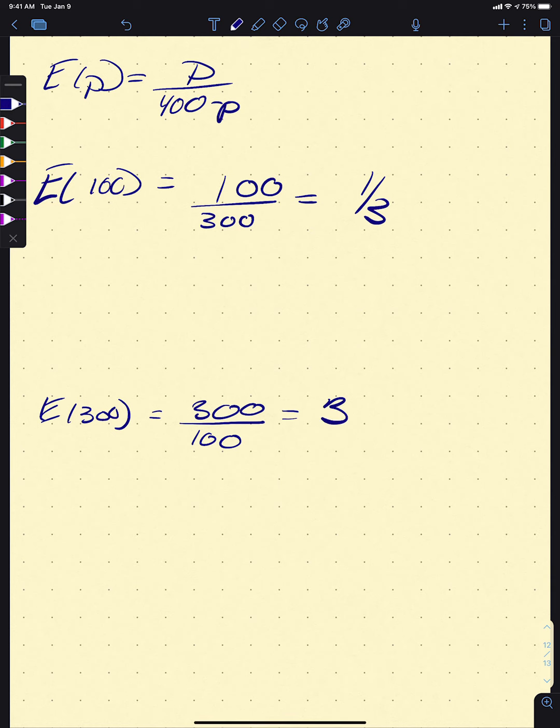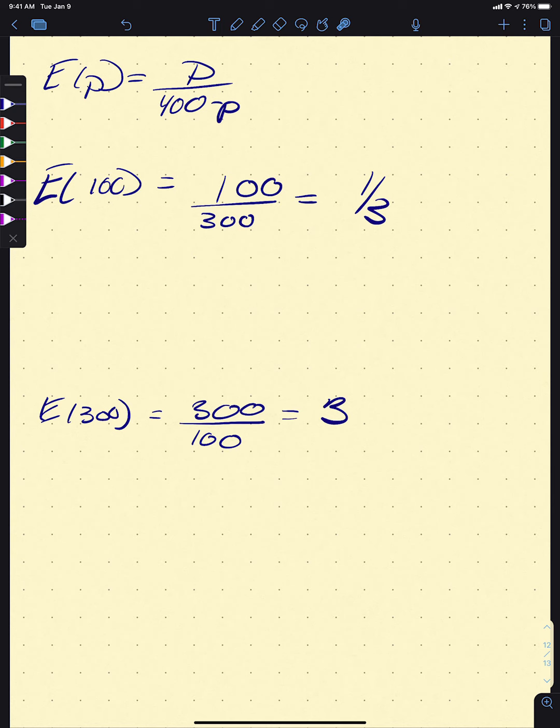And our question is, what does this mean? Can this tell us anything about our situation? It turns out that it can actually tell us a lot. Recall that our p is the price we're setting, and our elasticity of demand gives us the behavior when we wiggle this a bit.